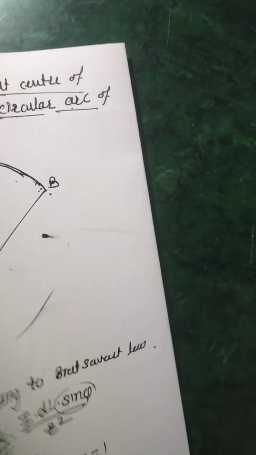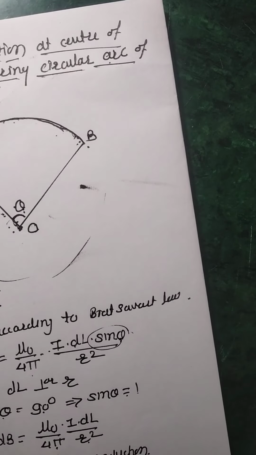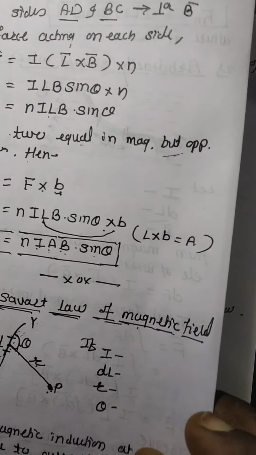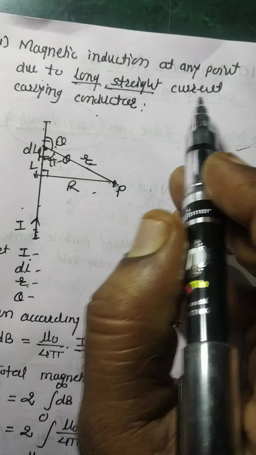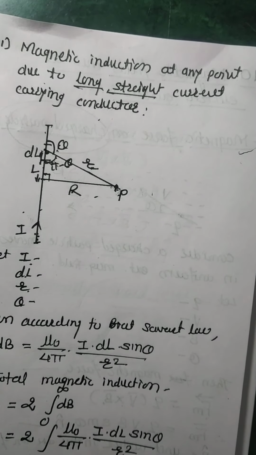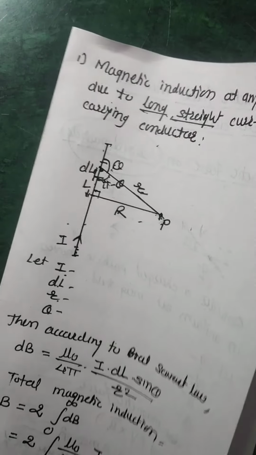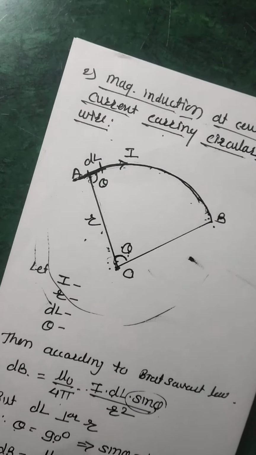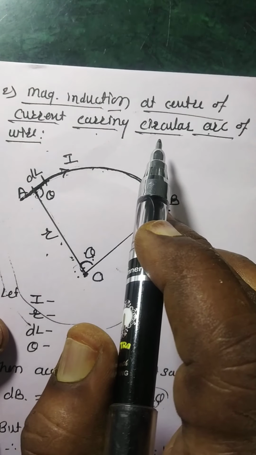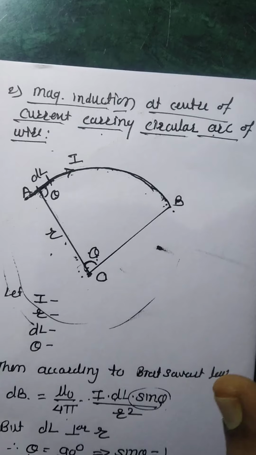In the last period we have seen the Biot-Savart law, then magnetic induction at any point due to a long straight current carrying conductor, and magnetic induction at the center of a current carrying circular arc of wire.